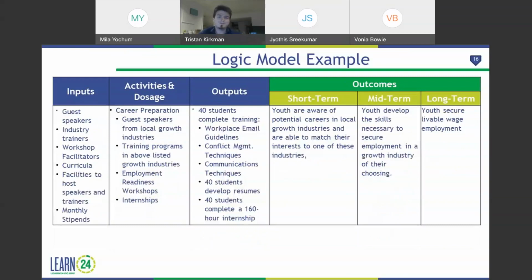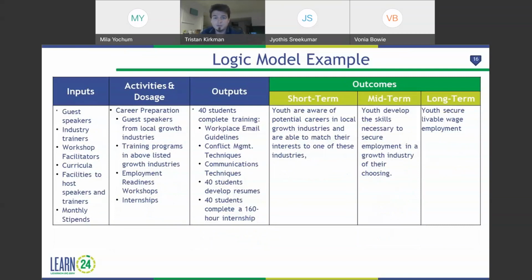And one more example. So in this case, we have inputs of, say, guest speakers and industry trainers. We've got curricula that are prepared ahead of time, facilities, and monthly stipends as financial resources. Again, for activities, we've got a focus on career preparation, where the inputs provide the necessary scaffolding for those activities.